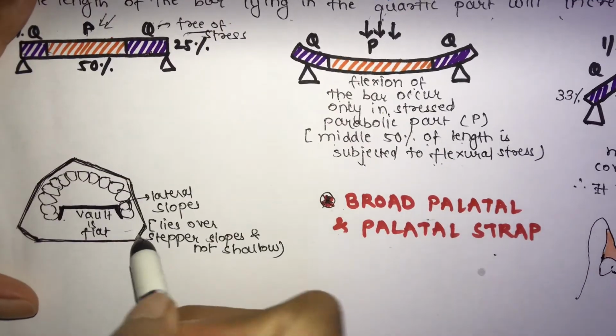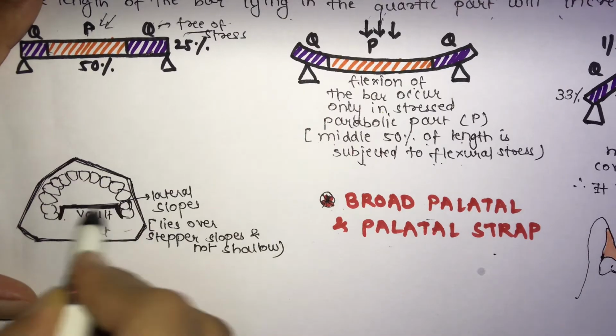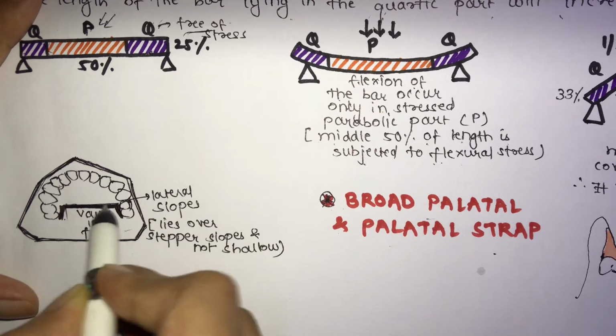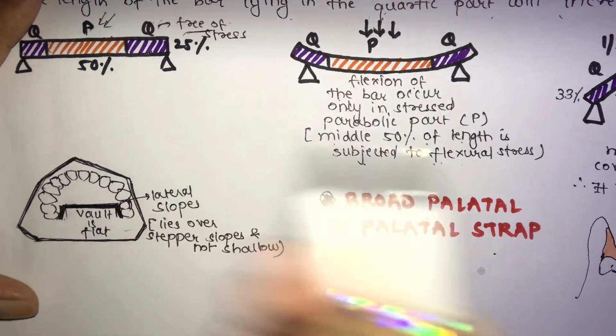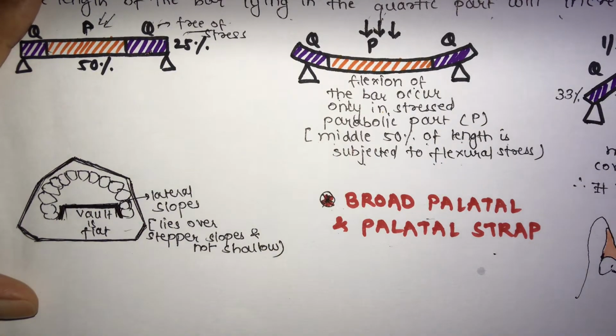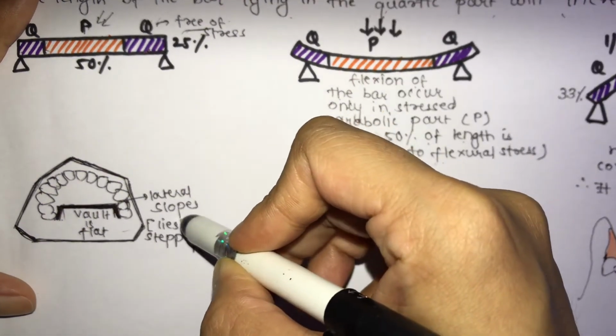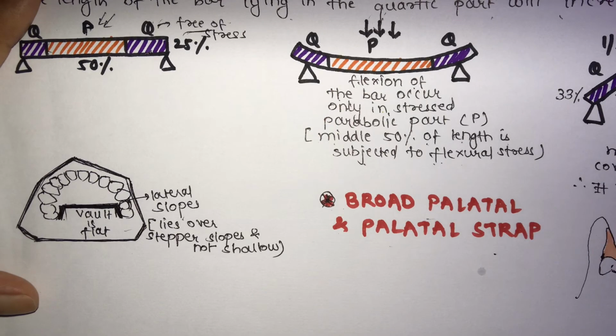The palate is like a straight wall, and there are these lateral slopes of your alveolar ridges. If these slopes are shallow, the quartic part of the major connector also decreases, which leads to increased flexibility of the prosthesis under the occlusal load.